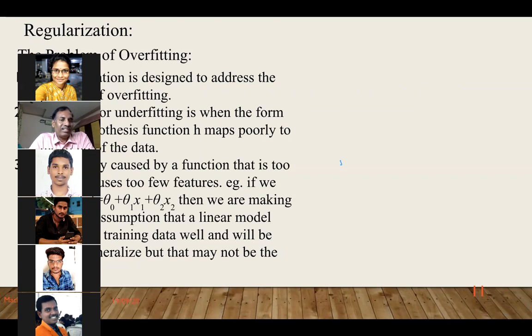But when it doesn't work well on data which was not used for training, which we call the test data set, then it is called overfitting. We got a very nice function to predict on a training data set, but when we apply that to predict new instances, it is not predicting well.